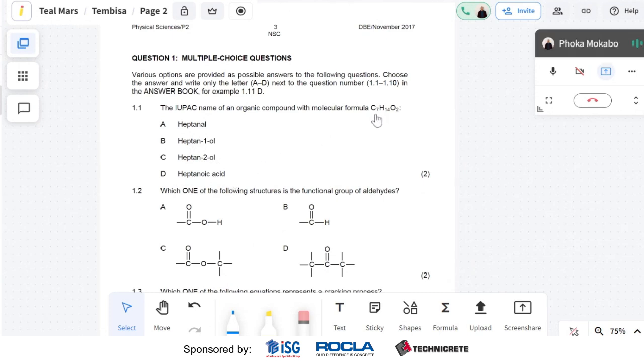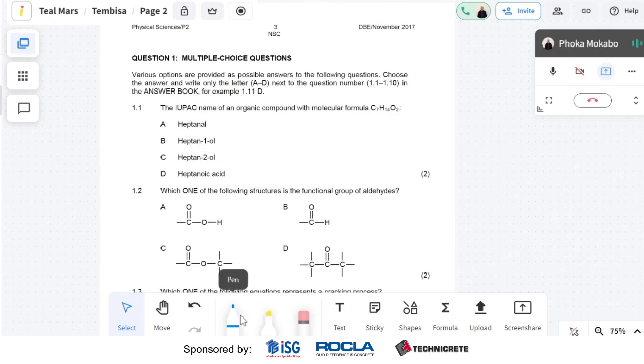If you look at this, you can't really tell straight away which one it is, right? Because all four of these will have carbon, hydrogen, and oxygen.